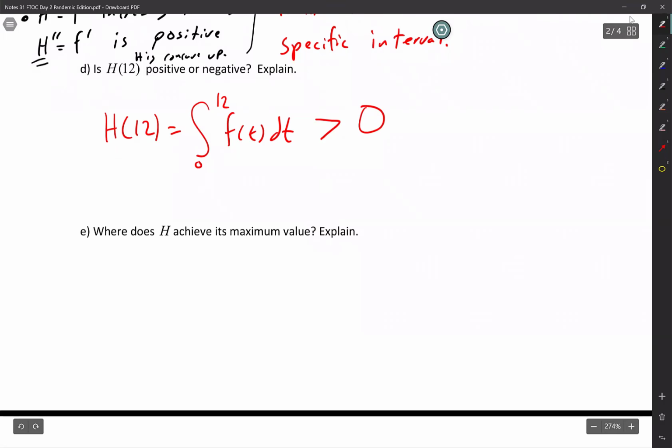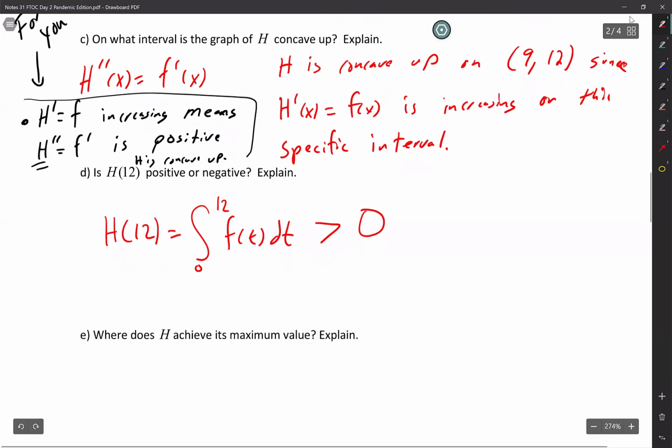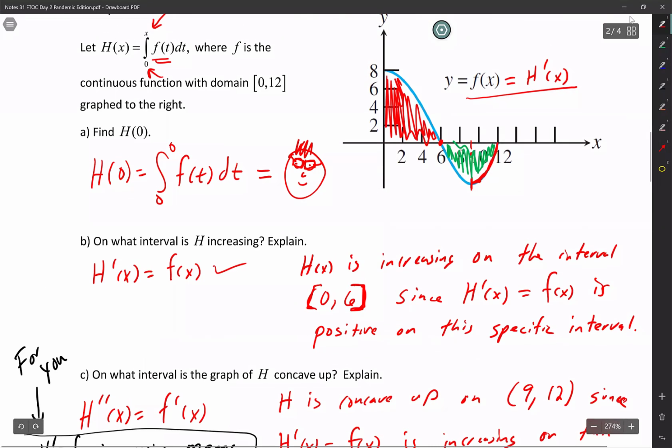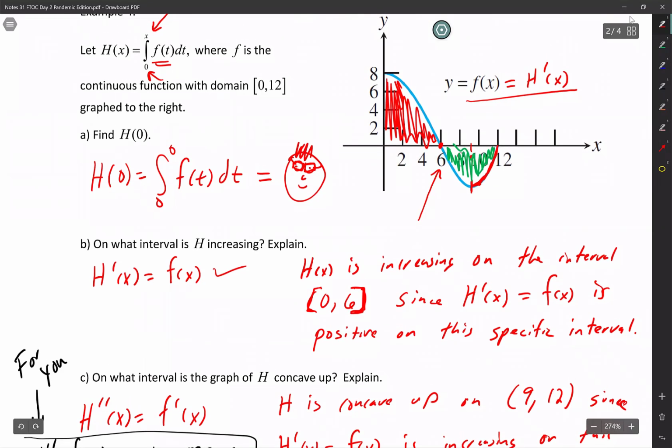Where does H achieve its maximum value? Where do I have a maximum? H, not F, right? H. Remember, H prime is positive here. So H goes up, up, up until you hit x equals 6.